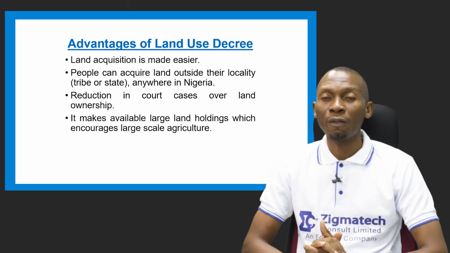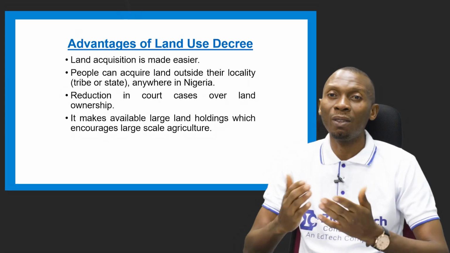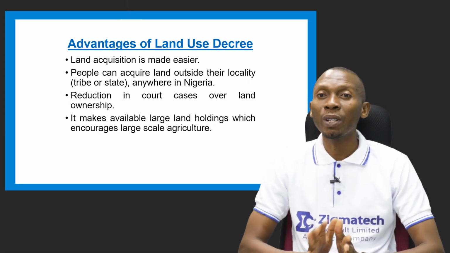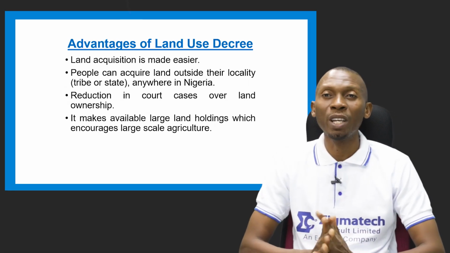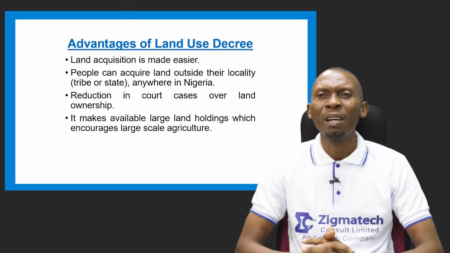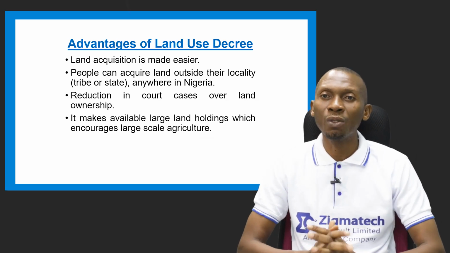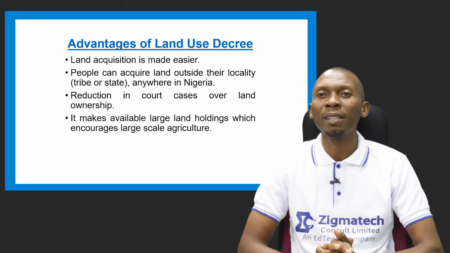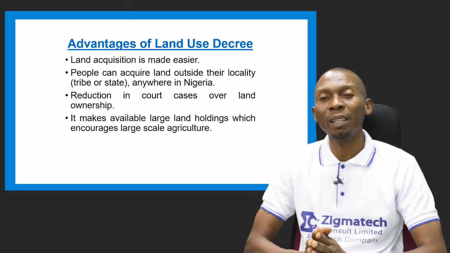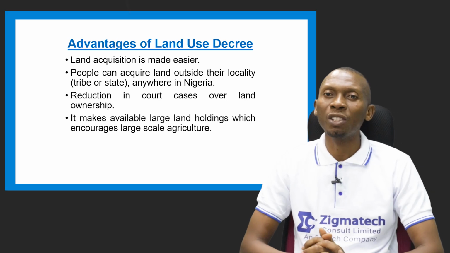Remember, under the communal land tenure system, if you're not a member of the community, you cannot obtain land or benefit from the land of the community. In this case, the land use decree has been able to take care of that. So people who are outside a particular locality, tribe or state can always obtain land anywhere in Nigeria.